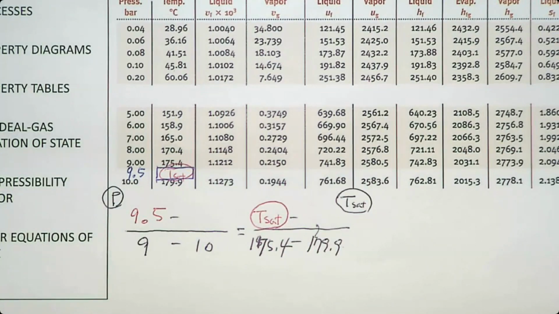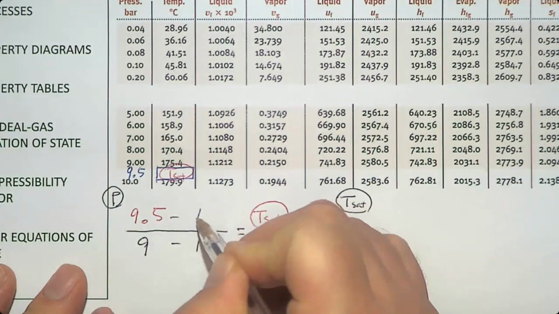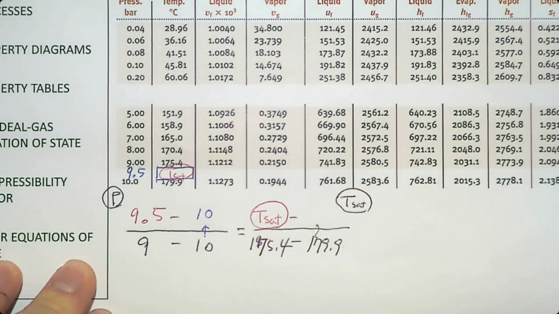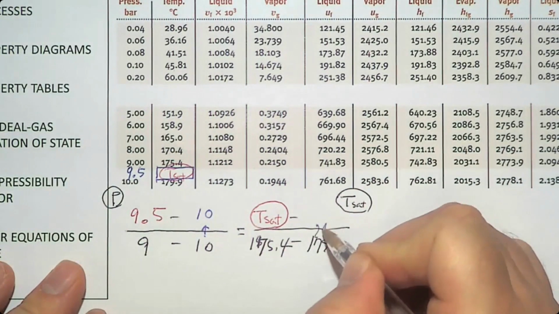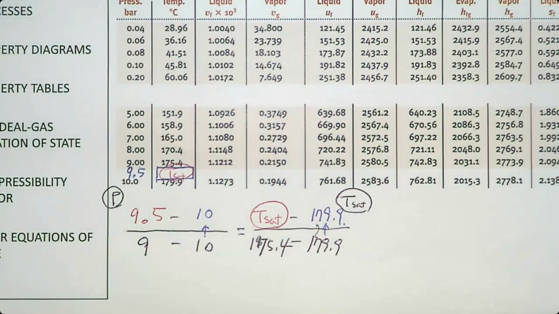What about the other blanks? Oh, this is time for promotion. So this 10 got promoted, 10 pay raise, right? No, not fun at all. Okay, 179.9. So if you solve this equation, you get T sat at 9.5 bar. Okay?